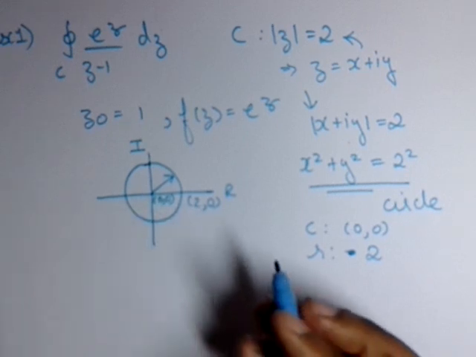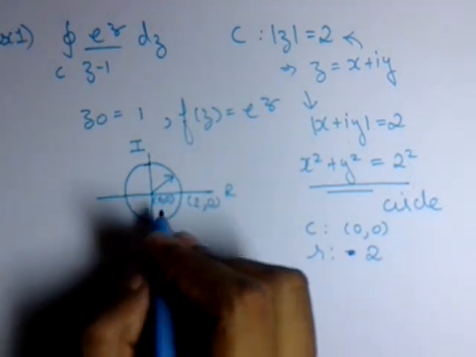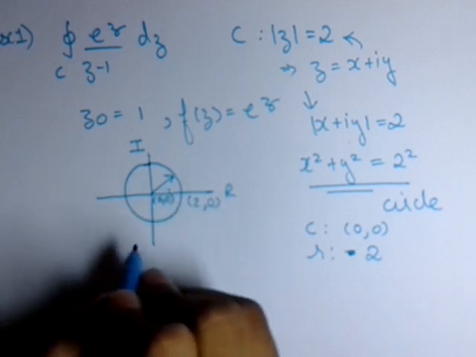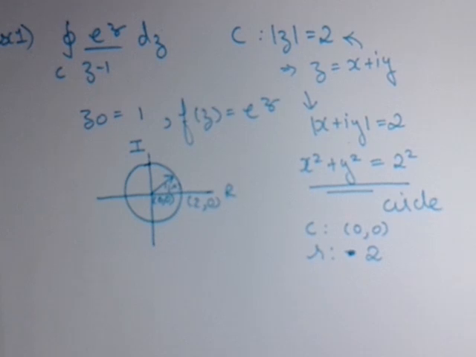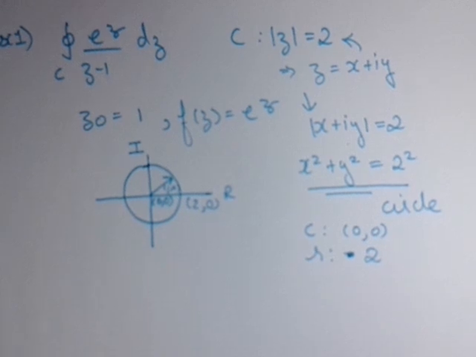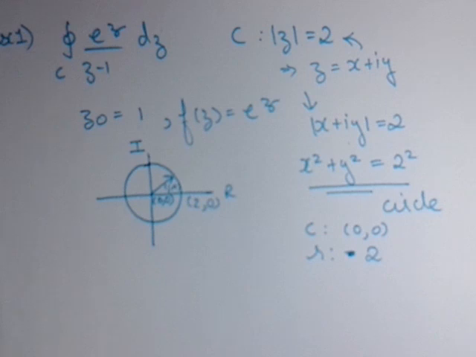Now z0 is 1, which is simply (1, 0), which lies inside the contour. So this is the very essential part. We can only apply the Cauchy integral formula when z0 lies inside the contour. If there is no z0 inside the contour, then the integration simply equals 0. That is the thing you have to keep in mind.